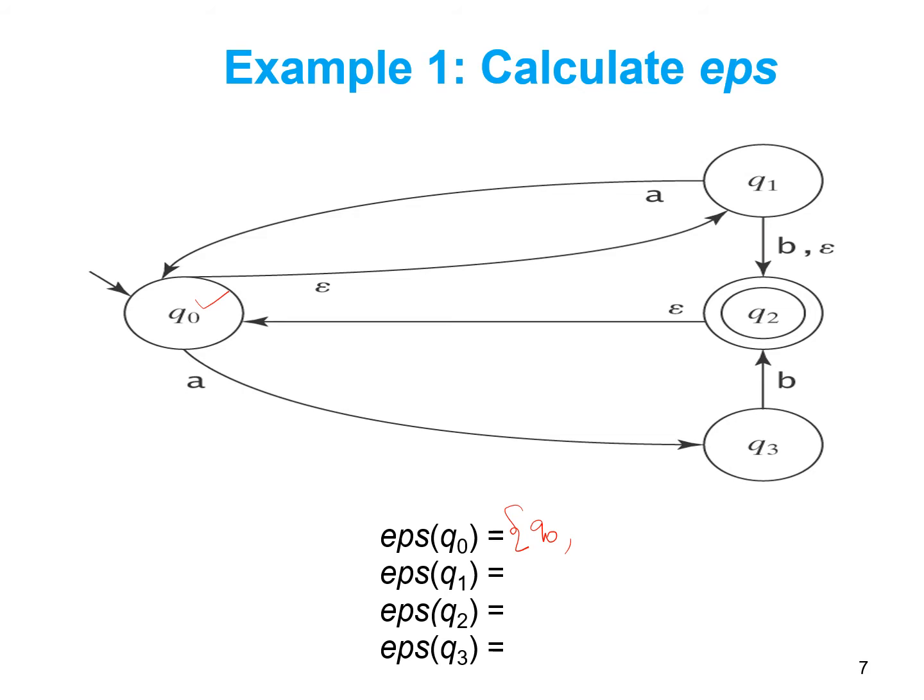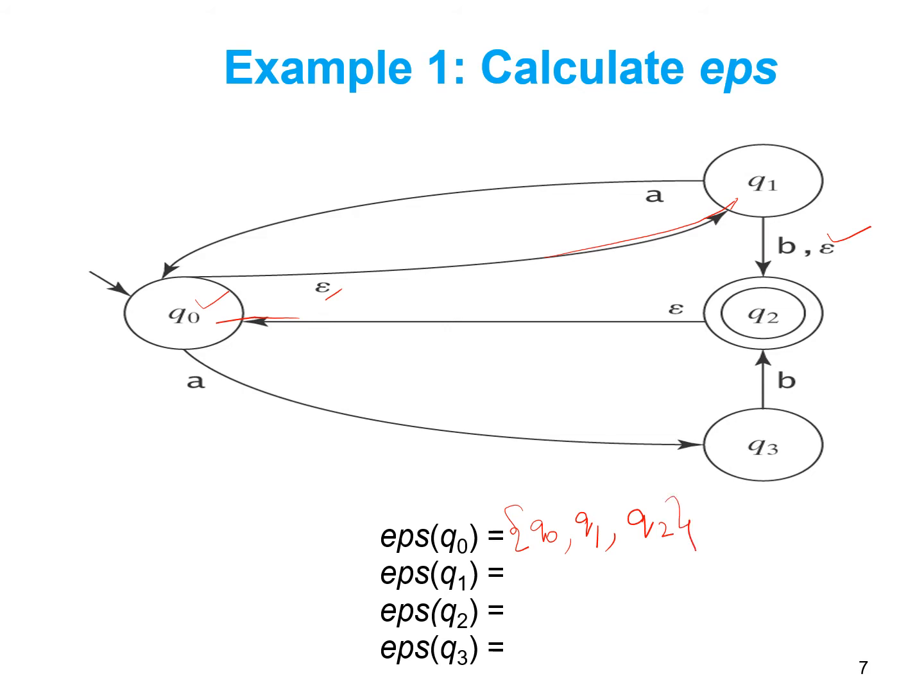From q0 there is a transition to q1 with epsilon, so q1 is also included in the result. From q1 do we have any epsilon transition? Yes, it is going to state q2, so q2 is included in the result. From q2 do we have any epsilon transition? Yes, going to state q0, but q0 is already in the result, so no need to include it. Next, do we have any transition to q3? No, we don't have any epsilon transition to q3.